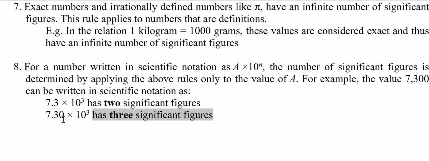And the reason why we are doing so is that the rules that we apply in determining whether or not we should count a number here as being significant are the rules that we have talked about in rule 1 to 6.